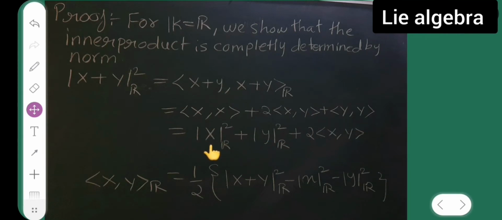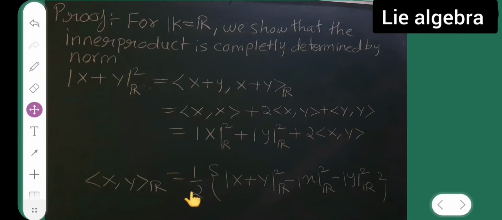Now this is equal to the norm of x squared plus the norm of y squared plus twice the real inner product of x, y. Then I have taken this to the other side.